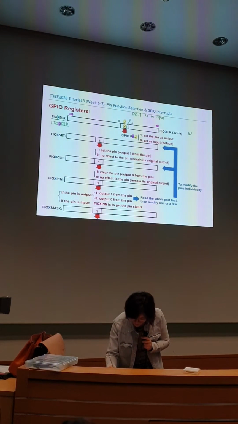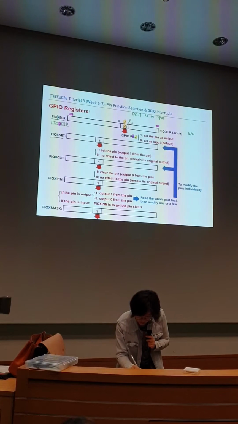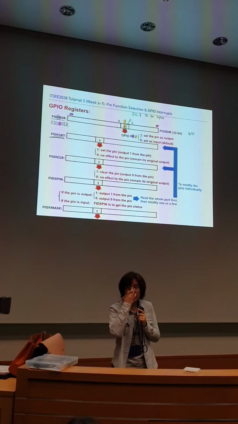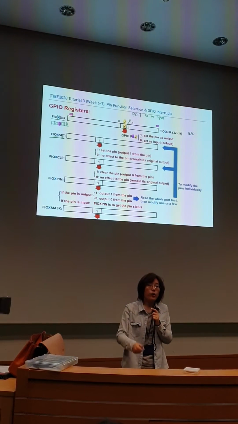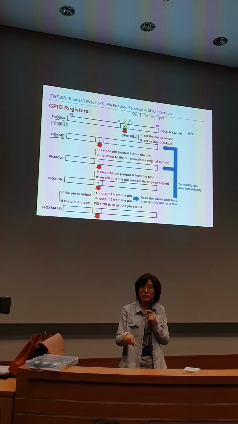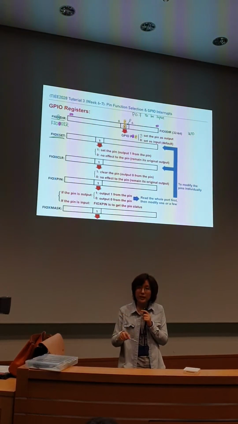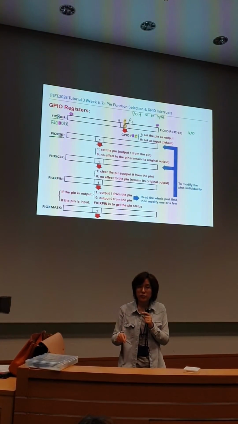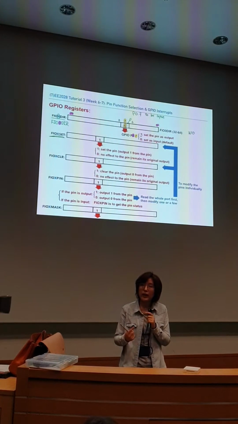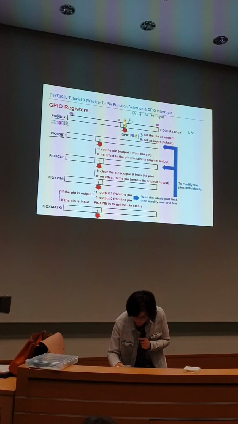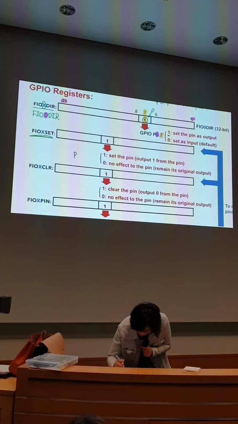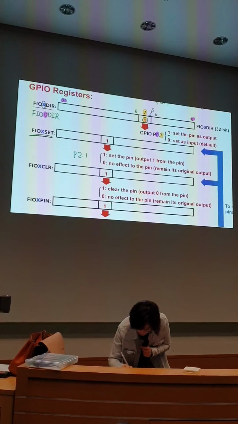So this is write only. Next register, FIO set. By the name you can tell, if you want to set a particular pin, as I mentioned in digital design, when you say set, it means you want it to be 1. So let's say we want to set P2.10.